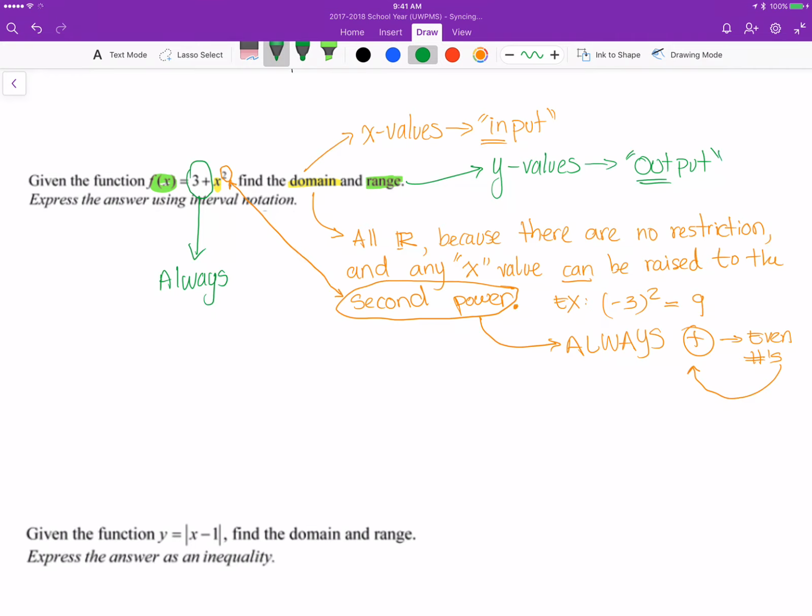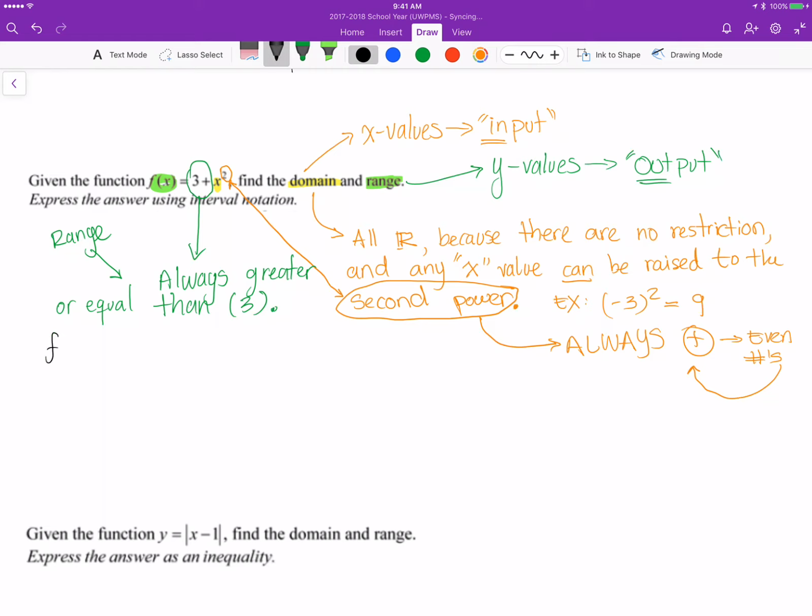Always greater, or equal actually, or equal than 3. Let's demonstrate this. I'm going to go ahead and set my function to be equal to 3. Oh, by the way, that is my range.